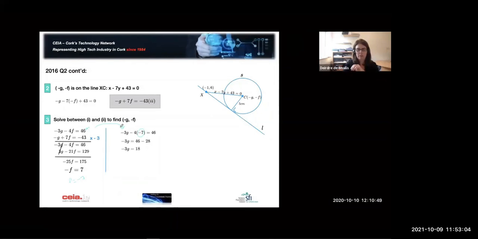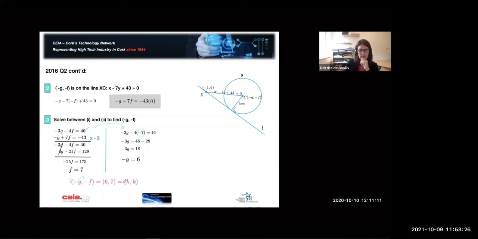So that gives me -3g is equal to 18 and minus g is equal to 6. So now I have minus f and minus g, and I can say that the center of the circle is equal to 6 and 7.